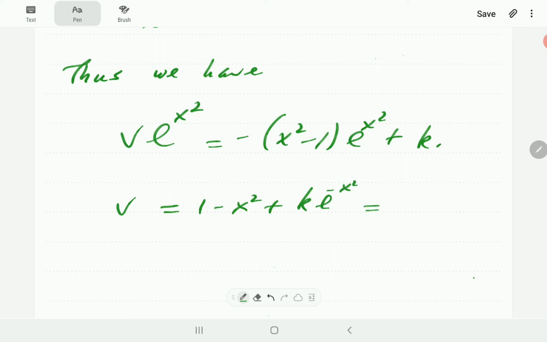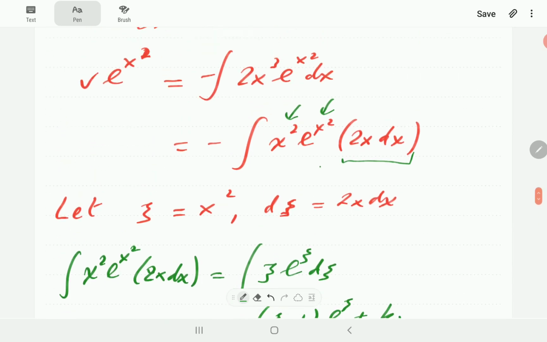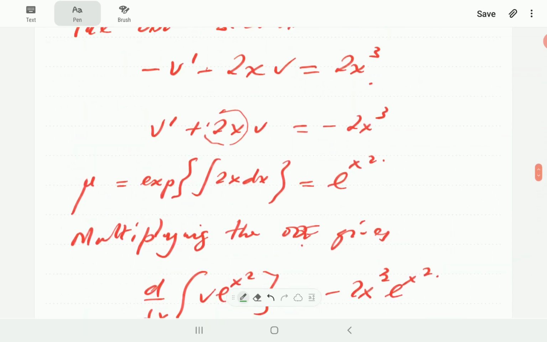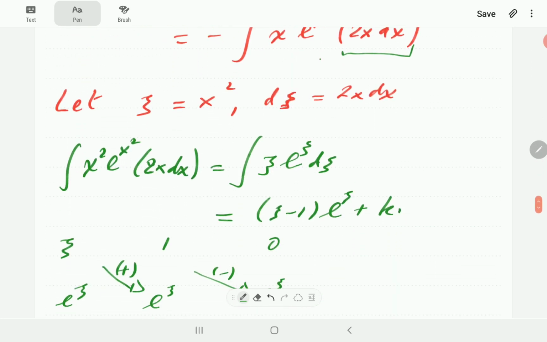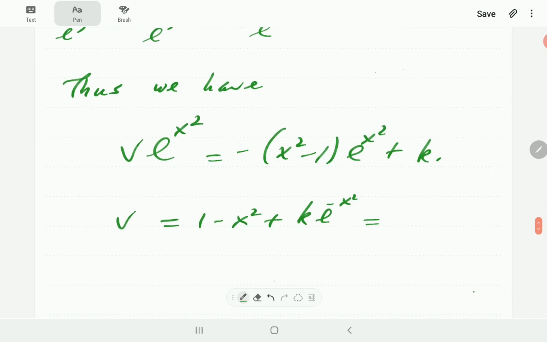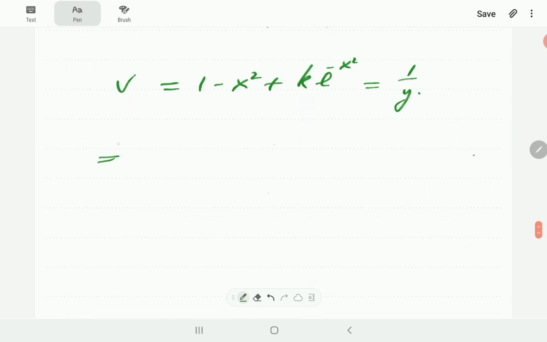But then remember, v is y to the power negative 1. So there is v. This is equal to 1 over y. So that tells us that y is 1 over everything here, 1 minus x squared plus k e to the negative x squared.